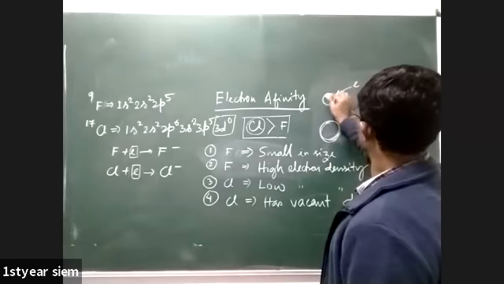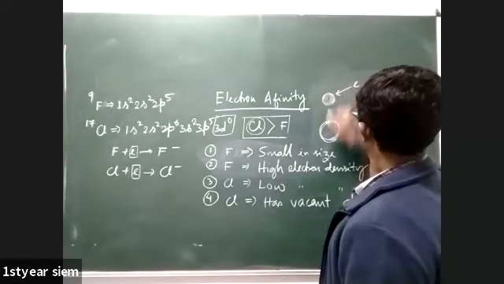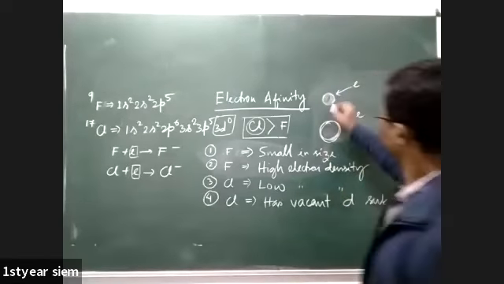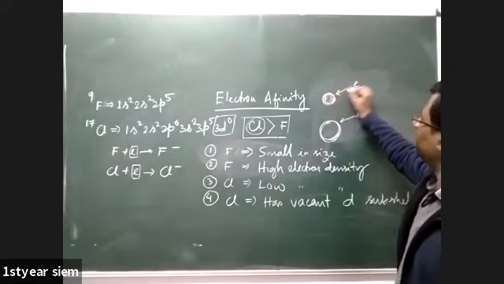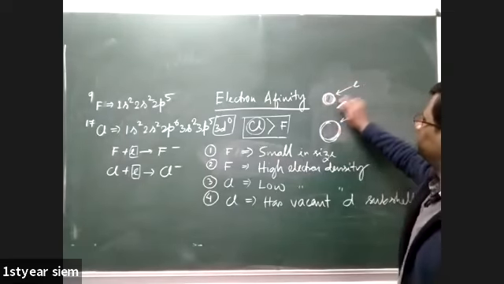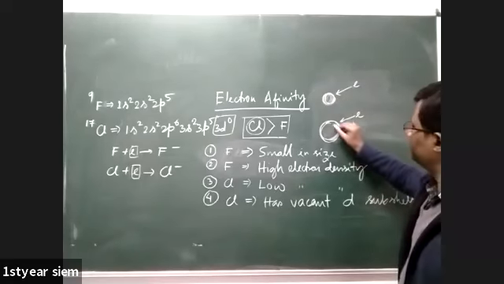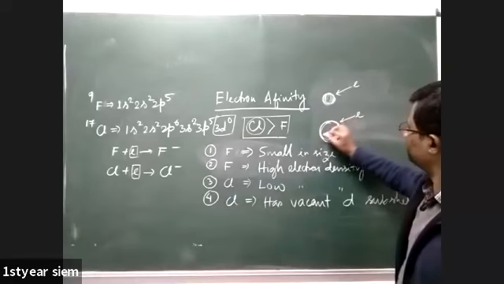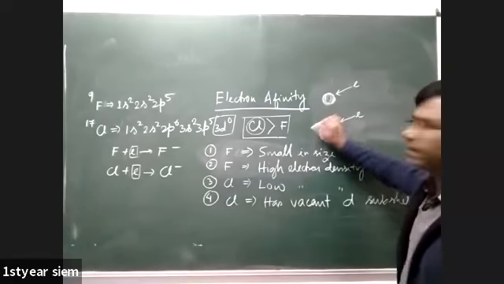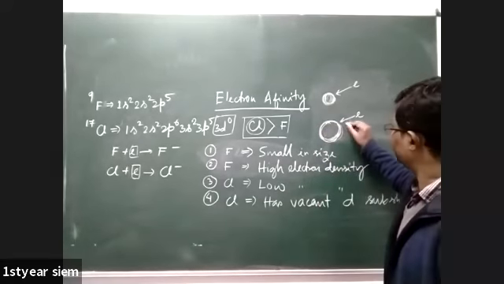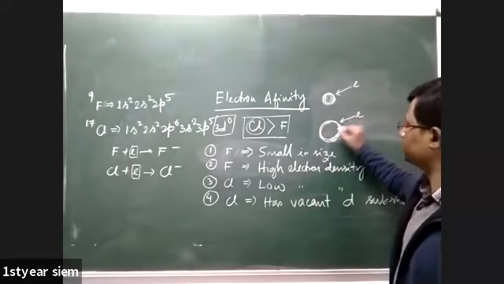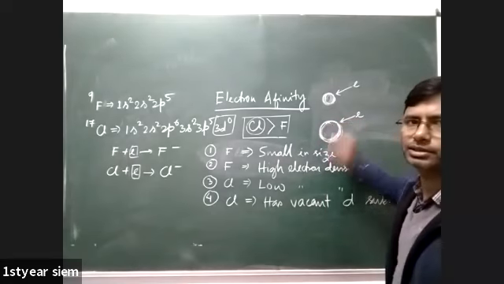There will be a repulsion between the electron of fluorine and this electron. This repulsion is very high. But for chlorine, because the size is bigger, the electron density is low. That is why the repulsion between this electron and the electron cloud is very low.